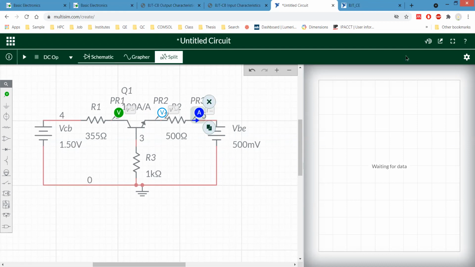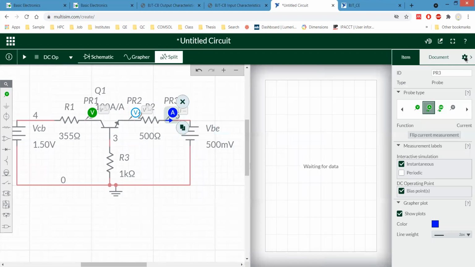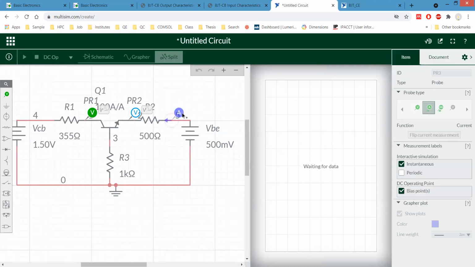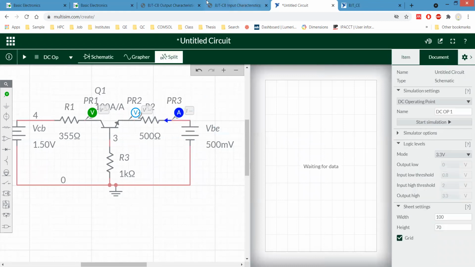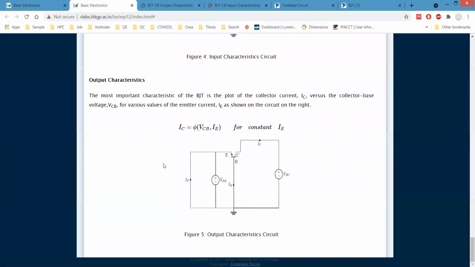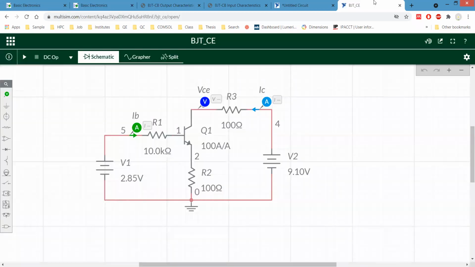I think we can rotate it. Our emitter current is in this direction, as you can see. The emitter current is flowing out from the emitter.